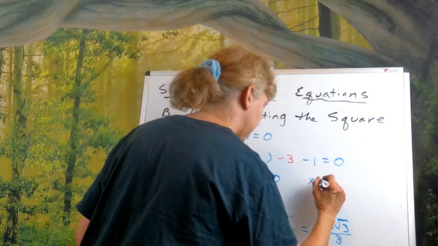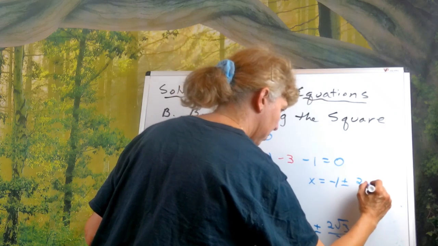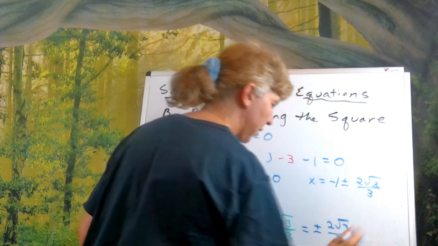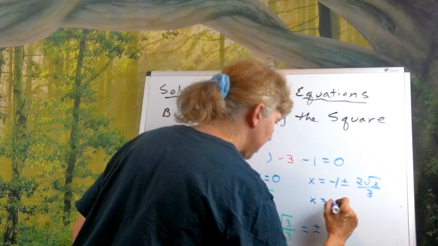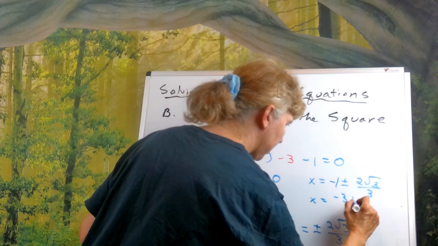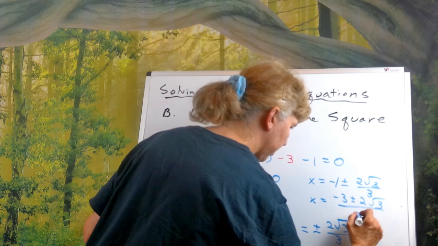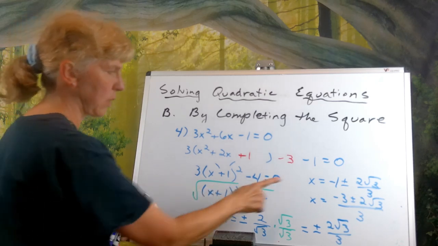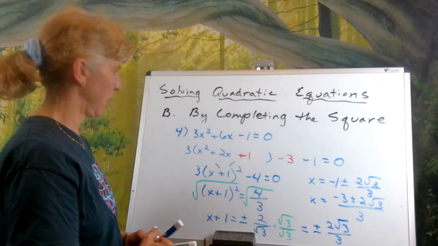So x will be negative 1 plus or minus 2 root 3 over 3. Or, if you write it all as one fraction, you'll get x is equal to negative 3 plus or minus 2 root 3 all over 3. Okay? Again, doesn't matter if you leave your answer this way or this way. Double check with your teacher.